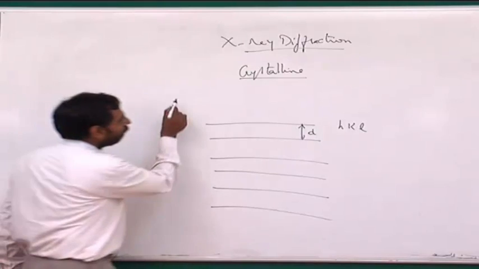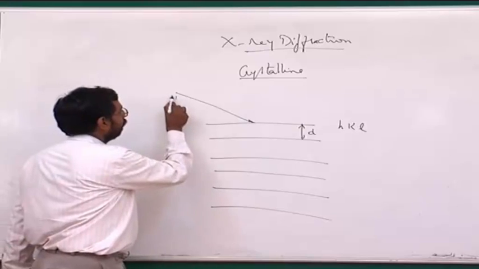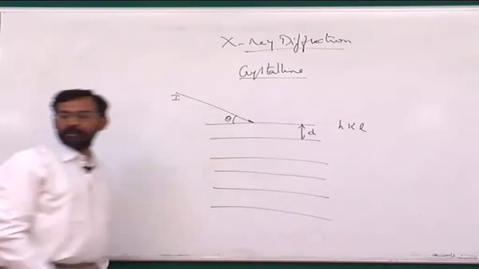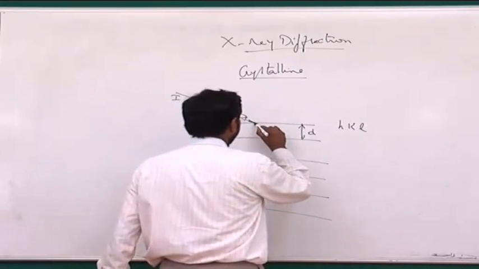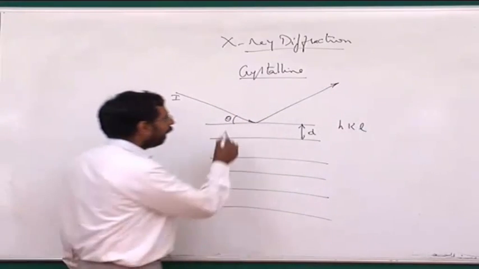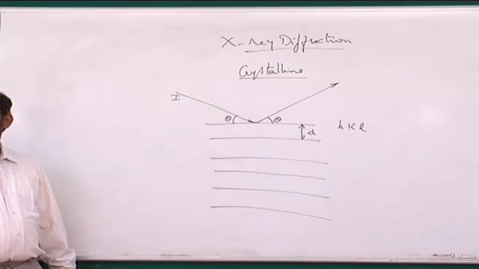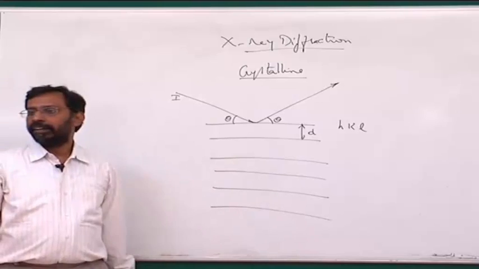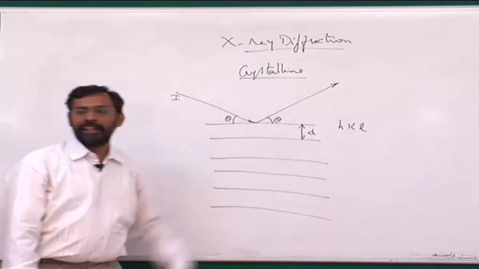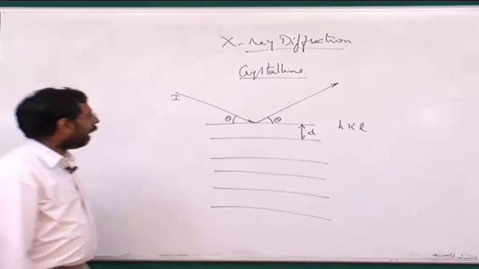If an X-ray now falls on this sample with some incident angle theta, it is diffracted like this, and we all know that the diffracted beam will also have the same angle, because this is basically an elastic collision.